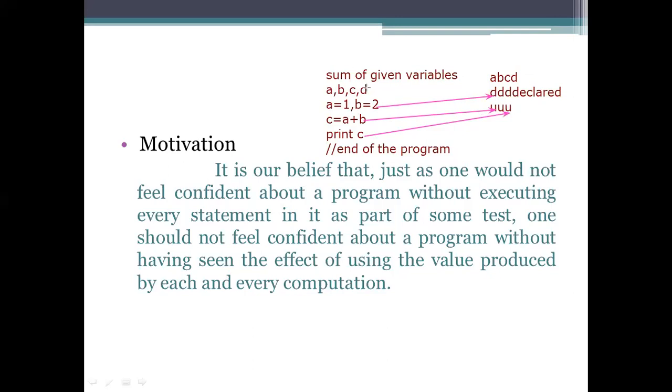But this D has been specified as declared only. It has not been used. So what it is saying is that each and every value that is defined has to be used once, and the value we have produced has to be considered in at least one computation.